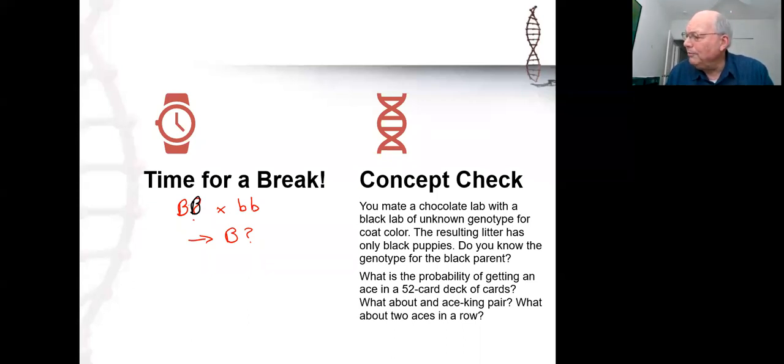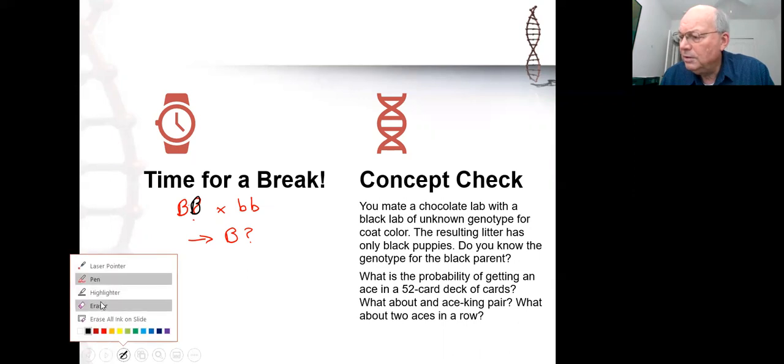What is the probability of getting an ace in a 52 card deck of cards? Well, how many aces are there in a deck of cards? Are you a poker player? Are you a card player? If you are, you know that there are 4 aces in the deck.